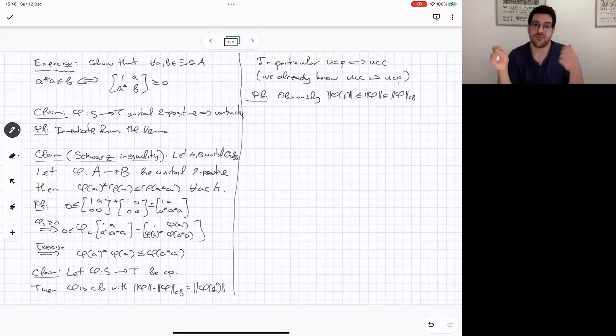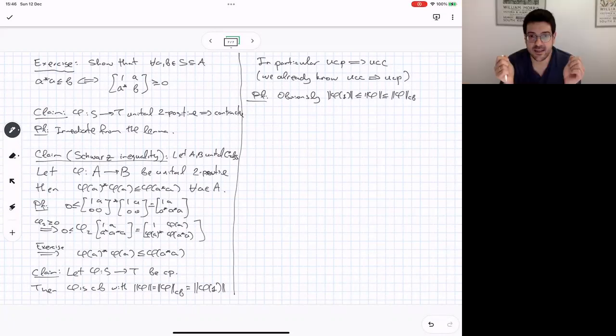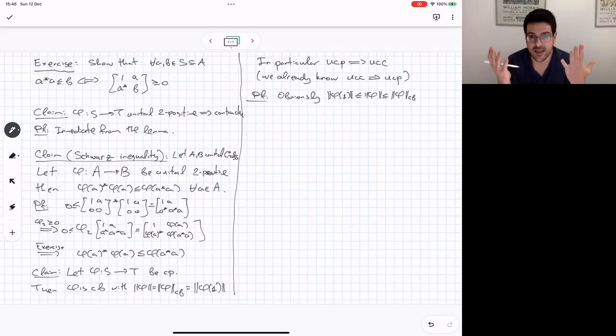Just take a UCC or UCP, this is the same thing, and multiply it by an operator from the right and its inverse from the left.